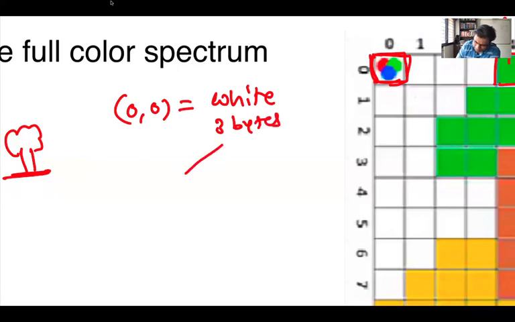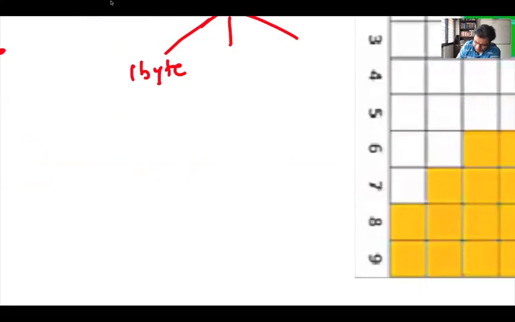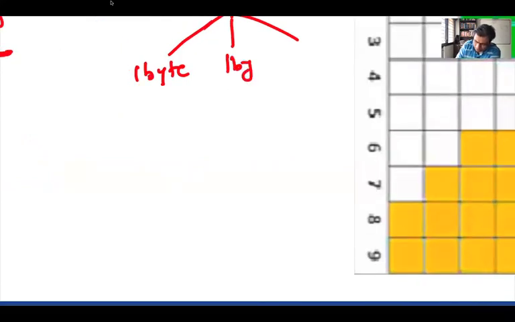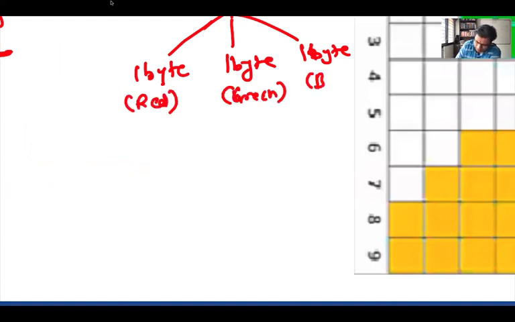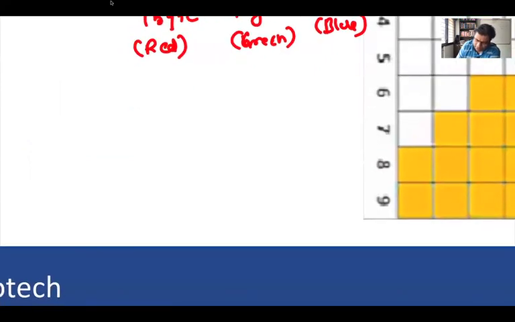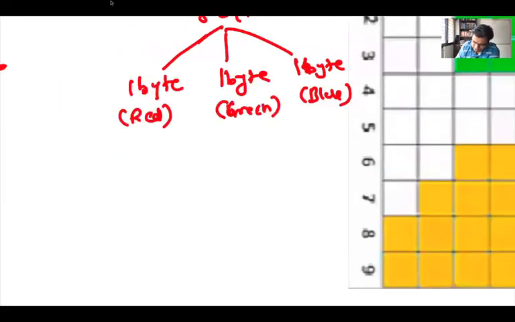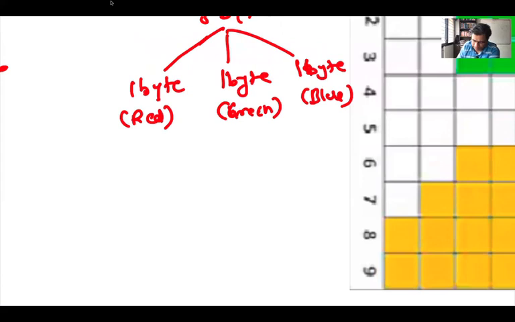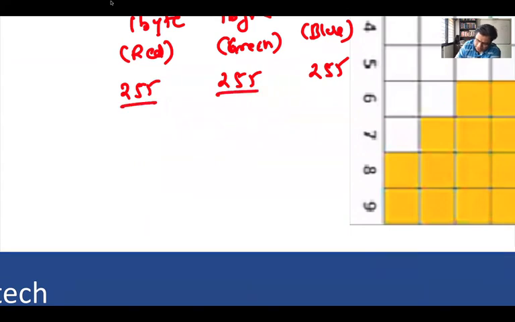Now you can understand why 3 bytes: 1 byte represents the red channel, 1 byte the green channel, and 1 byte the blue channel. Let's say this is red, this is green, and this is blue. To represent white, all of them will be high: 255, 255, and 255. If I add all of these colors with the highest intensity, I get the white color.